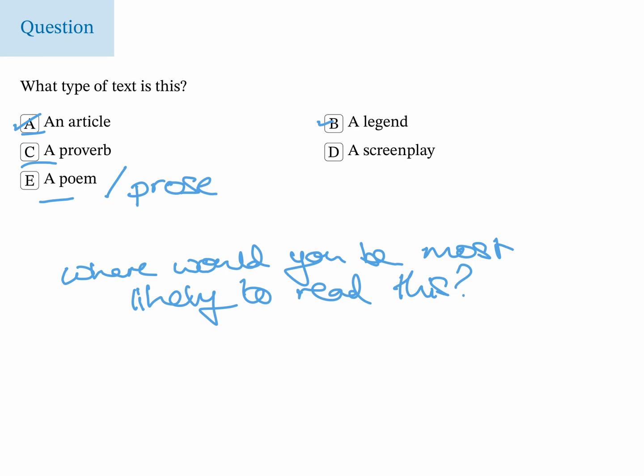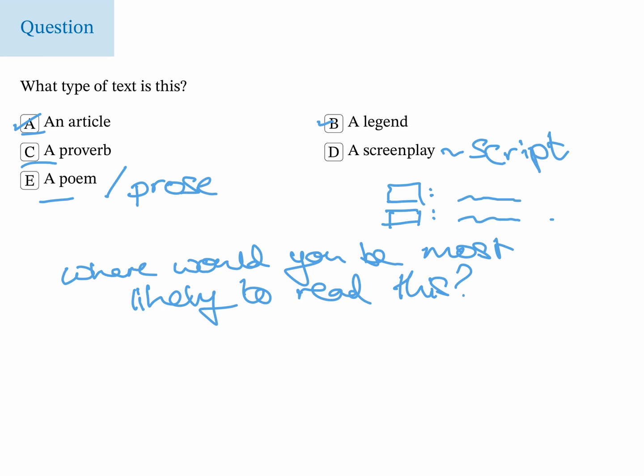This is written in prose with dialogue. A screenplay is very similar to a script, except a screenplay is for a film. In a screenplay or a script, you have the names of the characters, and then you have dialogue. This is not what we have.